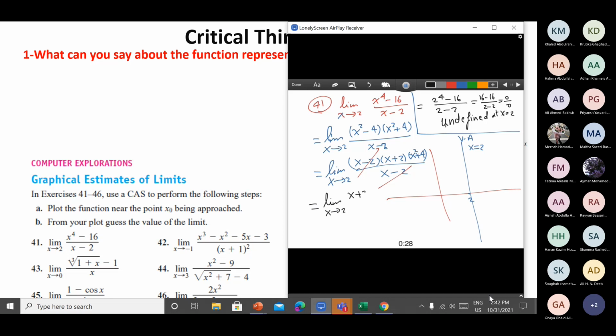So I end up with x plus 2, x squared plus 4 over 1, right? Now if I substitute, I have 2 plus 2 times 2 squared plus 4 over 1. So you end up with what? 4 times 4 plus 4.